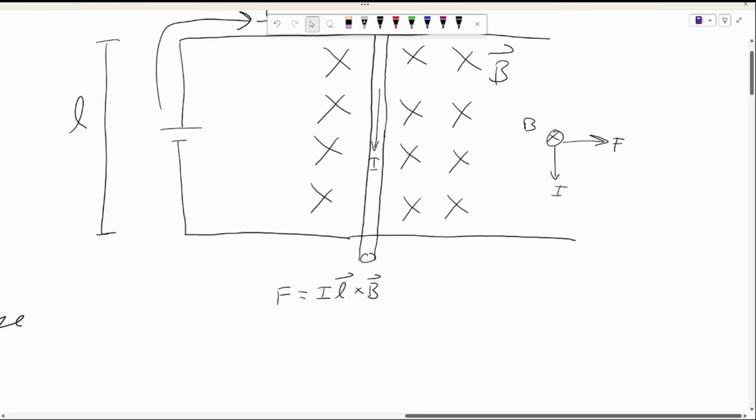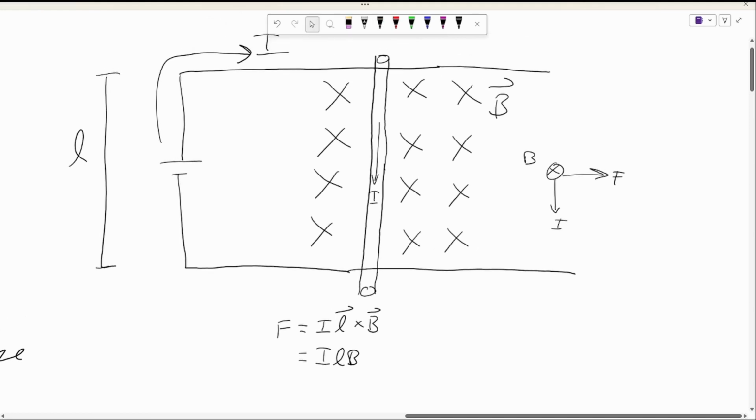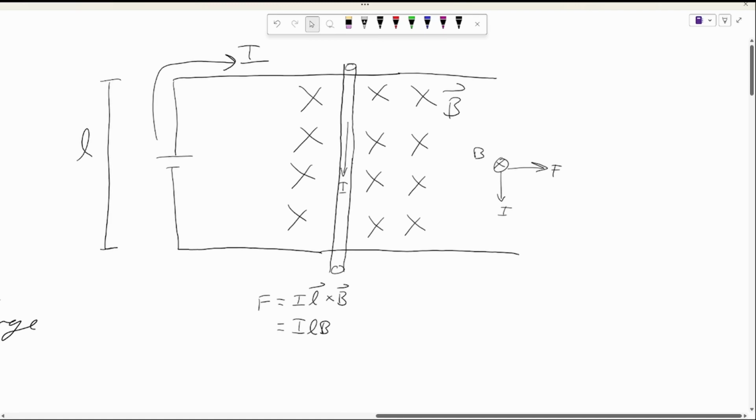So force is to the right, and to calculate the exact amount, you use exactly this formula, which I think covers everything. So there is the force on the bar. In this case, it's going to shoot off to the right.